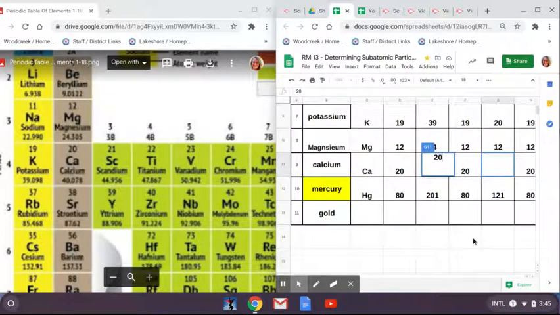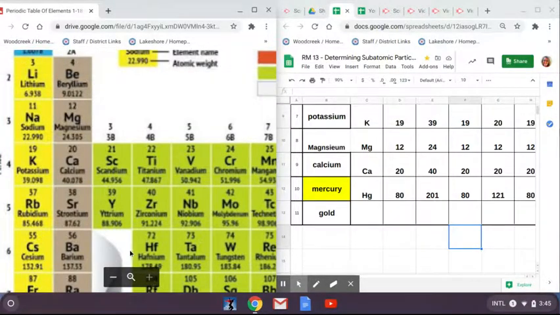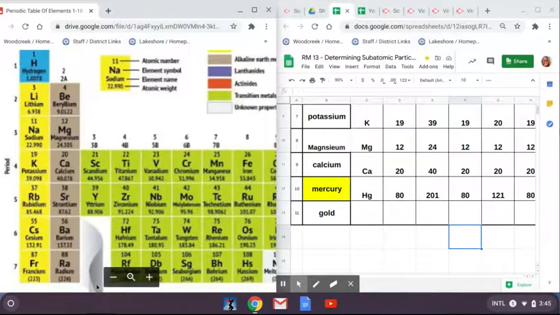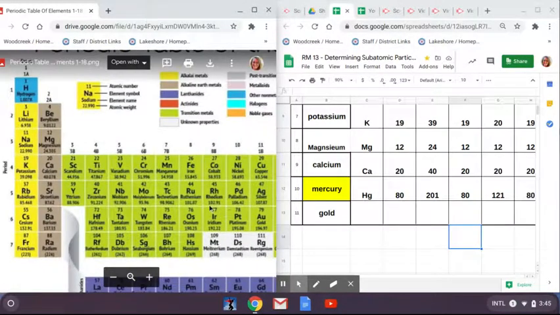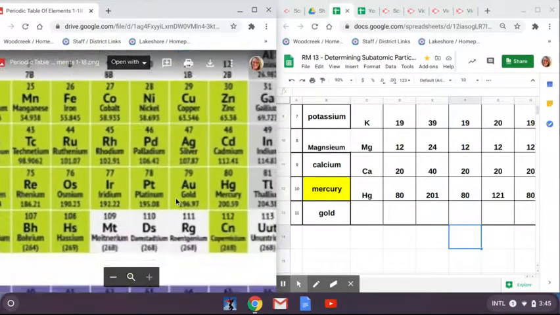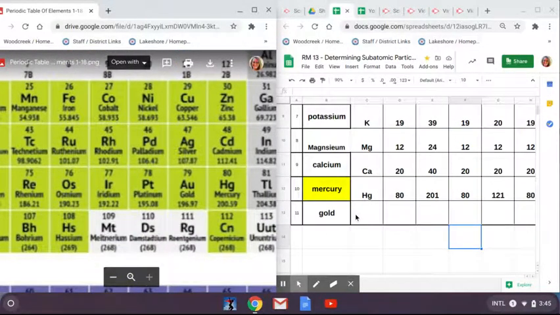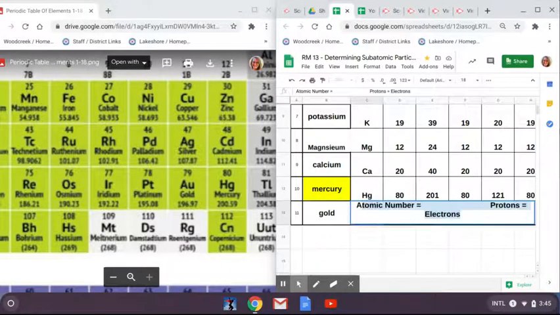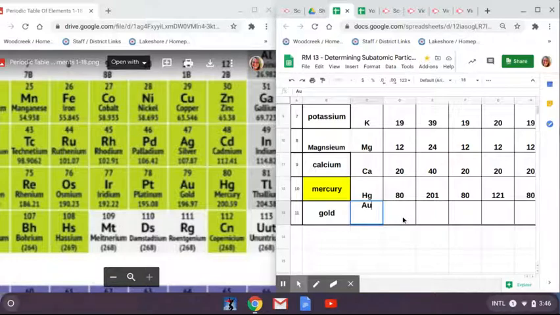Okay? And the last one to look for is gold. Now, gold is a metal. I'm going to zoom out a little bit, see if I can find it. All right, and it is right there. Number 79. So gold is represented by a capital A and a lowercase u. And gold has an atomic number of 79.